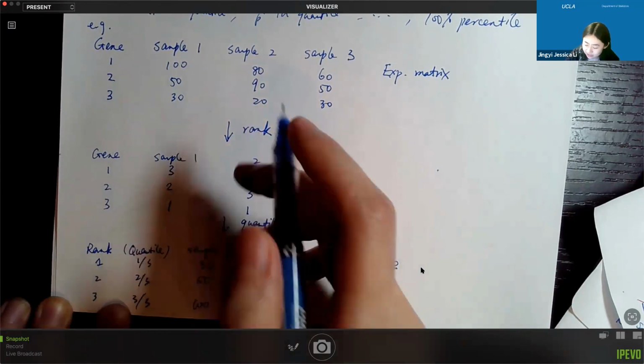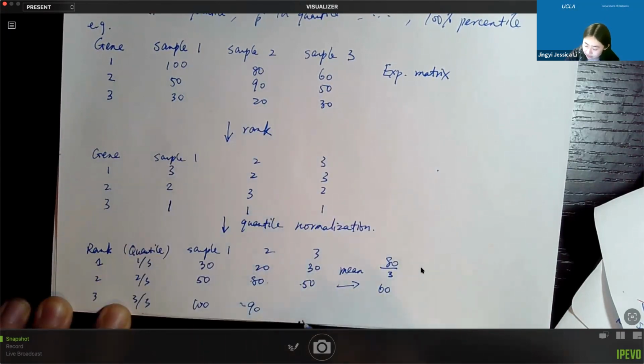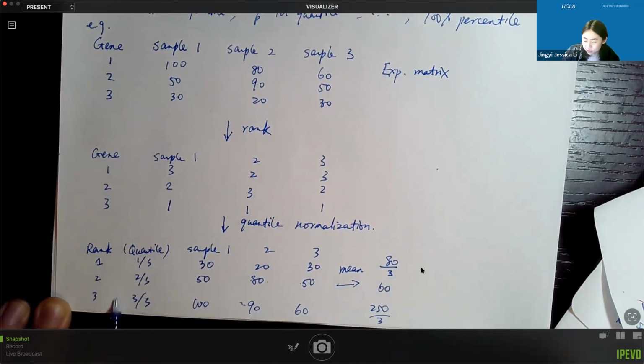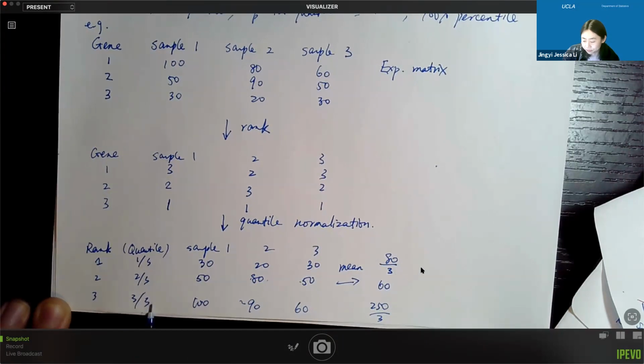Sample 2 is 90. Sample 3 is 60. Okay, so after the averaging, it will become 250 over 3. So I got the average quantiles for those 3 ranks, or 3 probabilities.